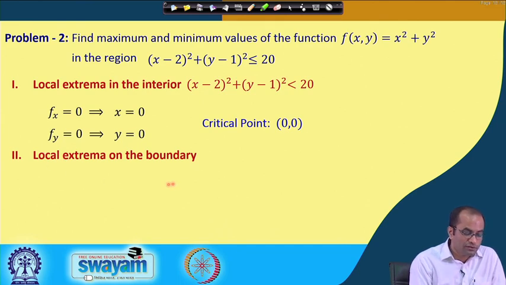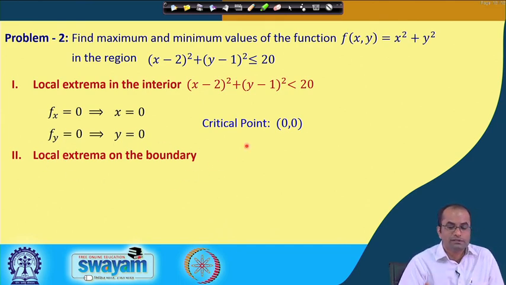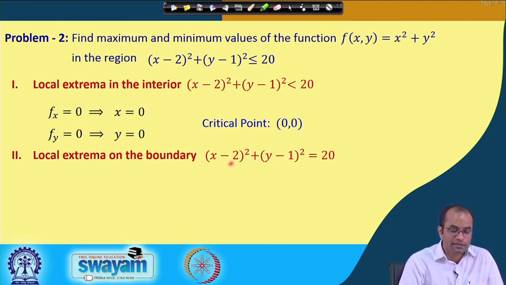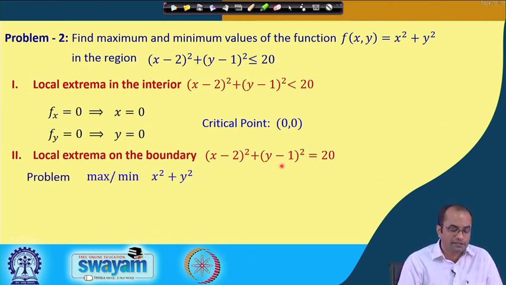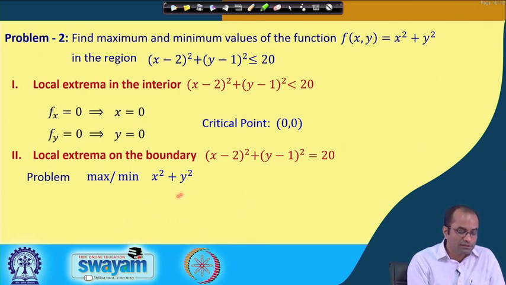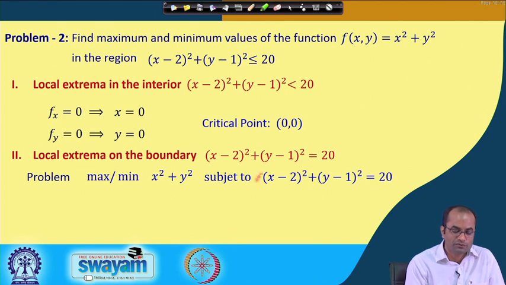So, now the local extremum on the boundary. We will consider the boundary points, that is x minus 2 whole square plus y minus 1 whole square is equal to 20. So, this with equality, and now we have to use the method of Lagrange multiplier. So, the problem is that we want to minimize and maximize this function subject to this constraint.